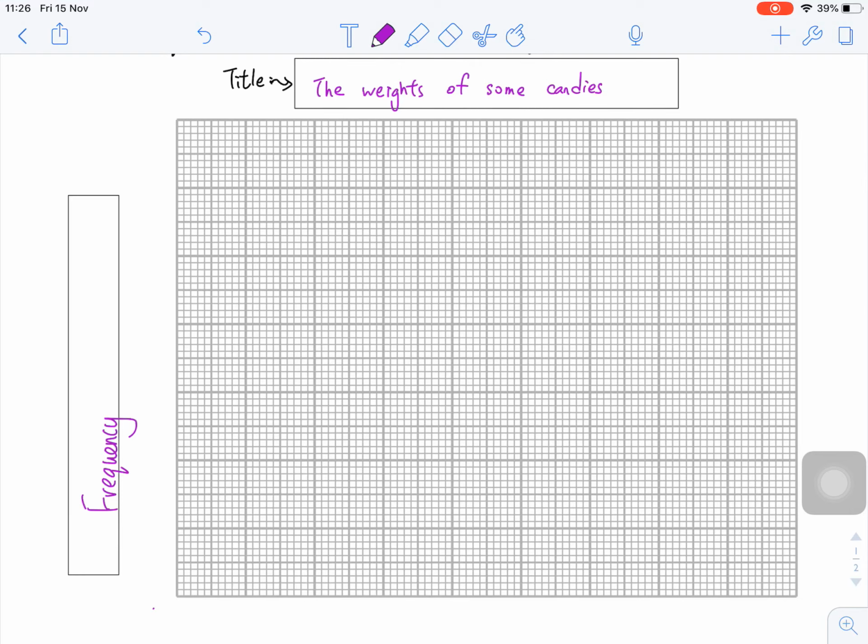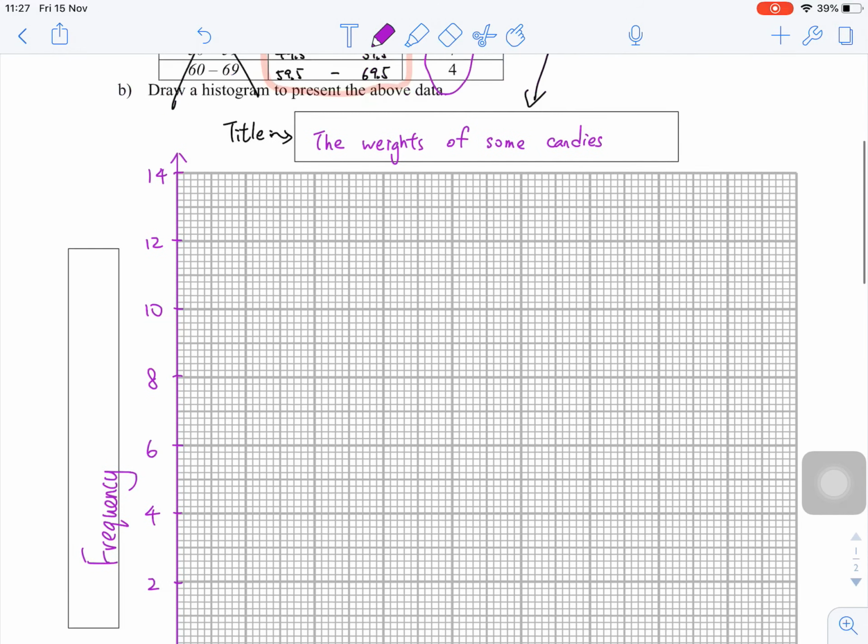No matter how, the bottom left hand corner must be 0. First, let's check. Is it enough? 2, no, 4, 6, 8, 10, 12, 14. Oh, just enough. So I use this scale.